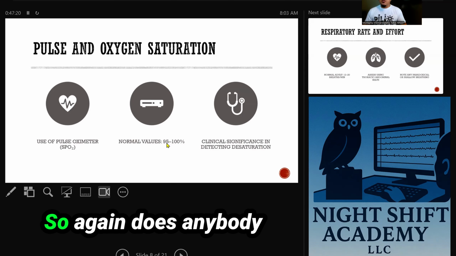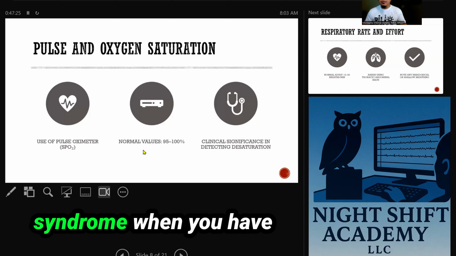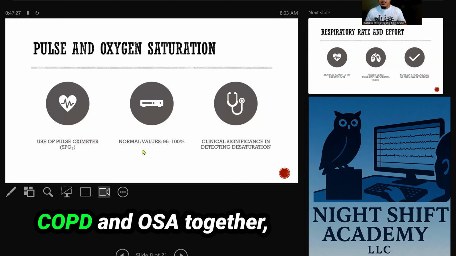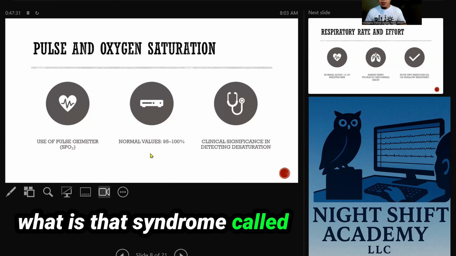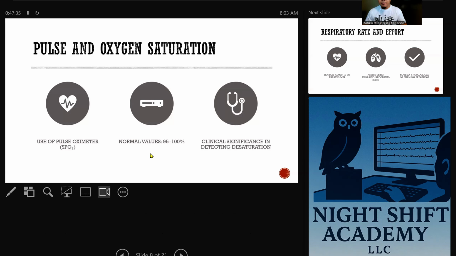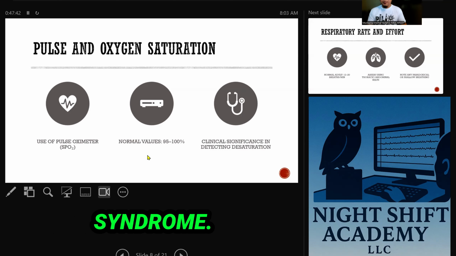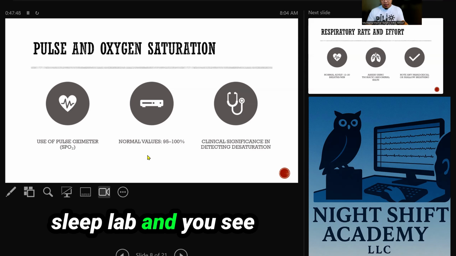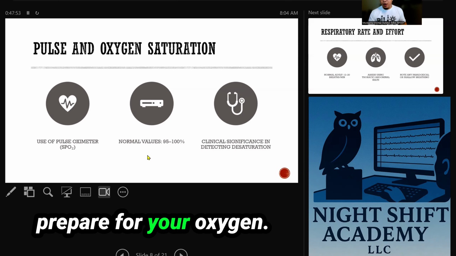Okay, so again, does anybody know what you call that syndrome when you have COPD and OSA together? What is that syndrome called when you have COPD and obstructive sleep apnea? Very good. Thank you. It's called an overlap syndrome. When you get into the sleep lab and you see your next patient has overlap syndrome, prepare for your oxygen.